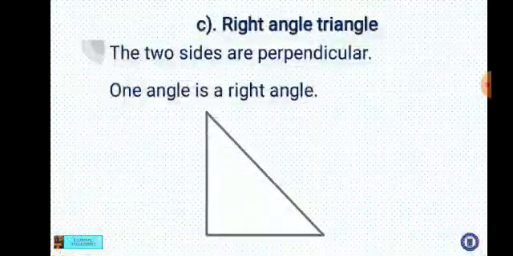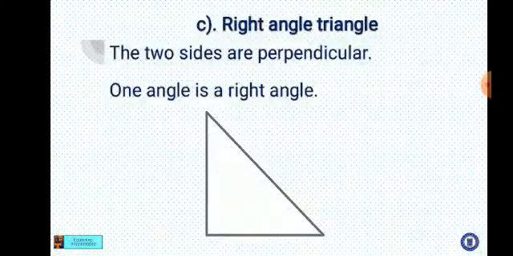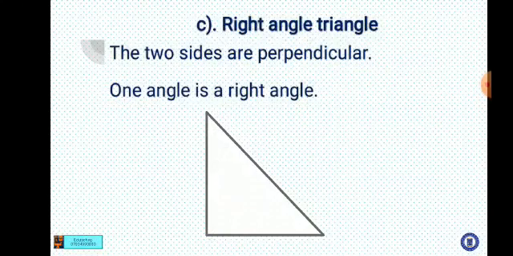The third one we are going to look into is right angled triangle. The two sides are perpendicular. That is, when the vertical line joins with the horizontal line, the angle they form is 90 degrees.